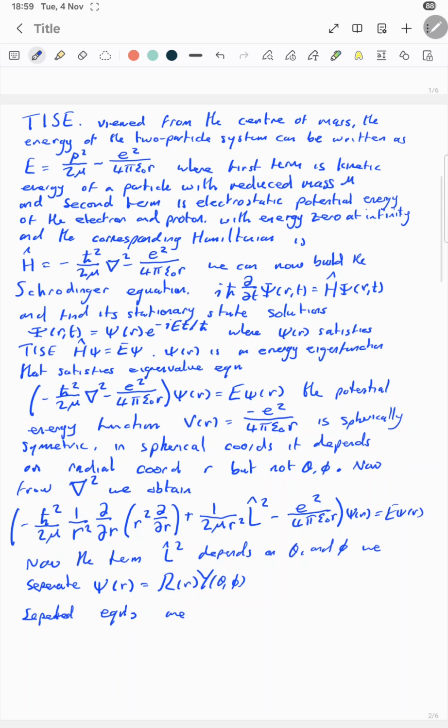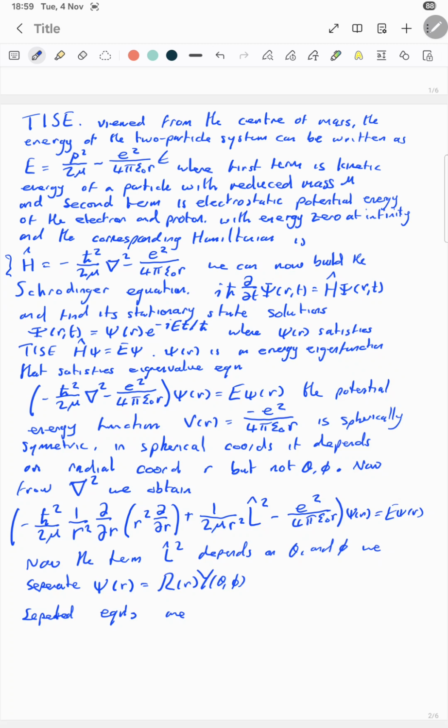Now the time-independent Schrödinger equation, viewed from the center of mass, the energy of the two-particle system can be written here, where the first term is the kinetic energy of the particle with the reduced mass mu, and the second term is the electrostatic potential energy of the electron and proton, with the energy 0 being at infinity, and the corresponding Hamiltonian is given here.